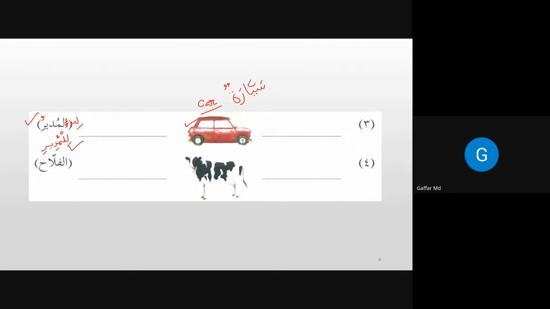Yes. Okay. Now this one, we have a cow here. So how to ask the question, whose cow is this? لمن هذه البقرة؟ Bakaratun, right?